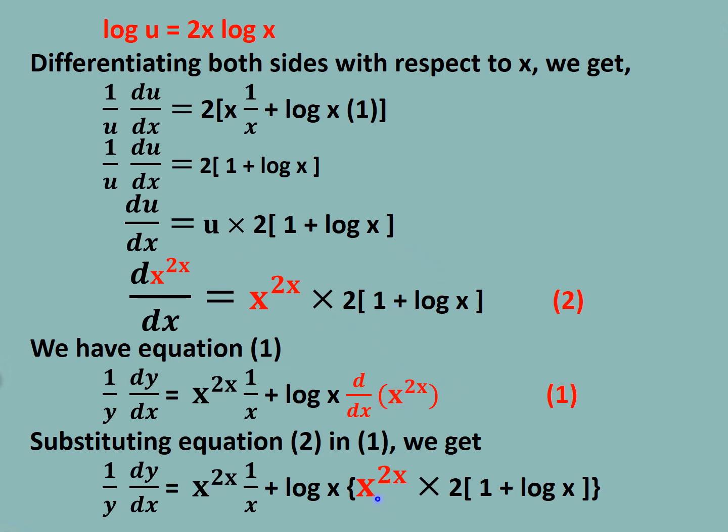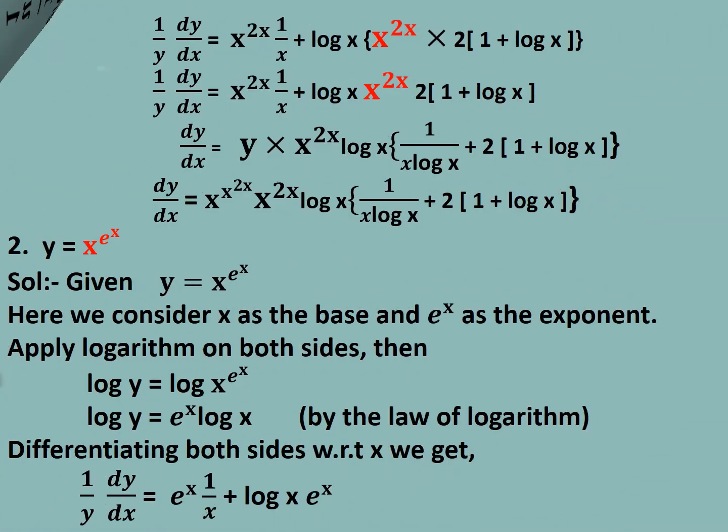That is, d by dx of x raised to 2x is equal to x raised to 2x into 2 into 1 plus log x. That is, 1 by y into dy by dx is equal to x raised to 2x into 1 upon x plus log x into this part fully, the derivative of x raised to 2x. So x raised to 2x into 2 into 1 plus log x.